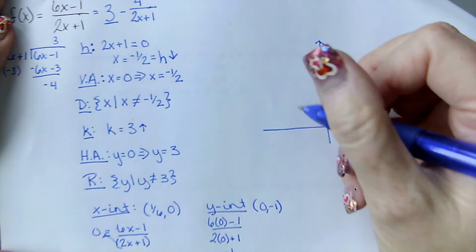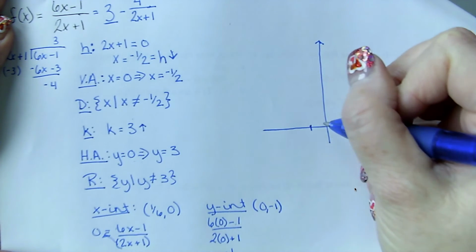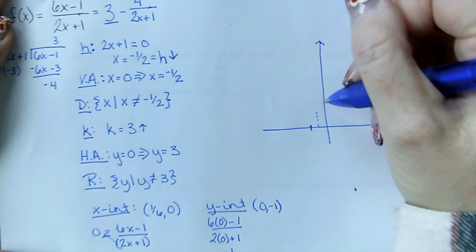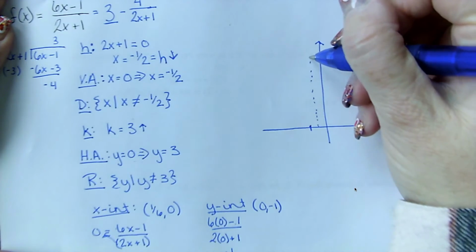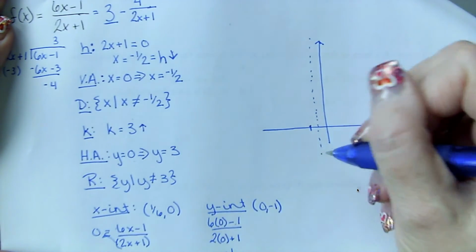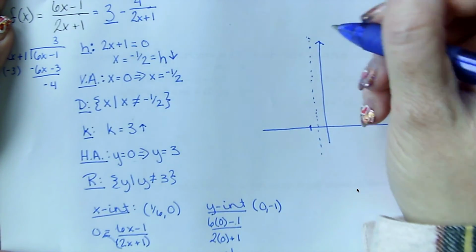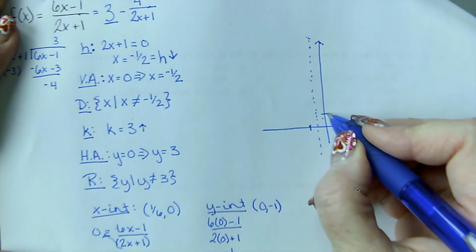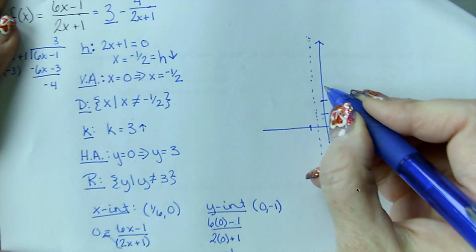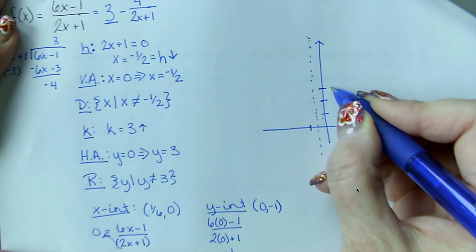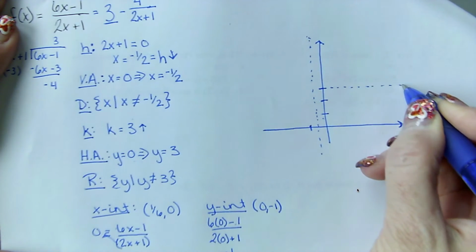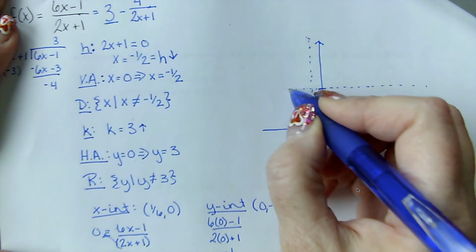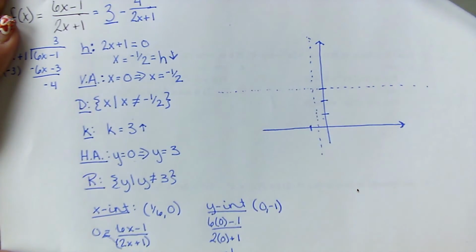Okay, so -1/2. So if this is 1, 1/2 would be like right there. And then what do we got? 3. I will tell you it will help you to get about the same scale on your x's and y's if you can try to do that. Does that make sense what I'm saying?